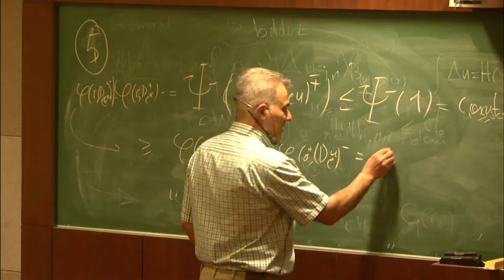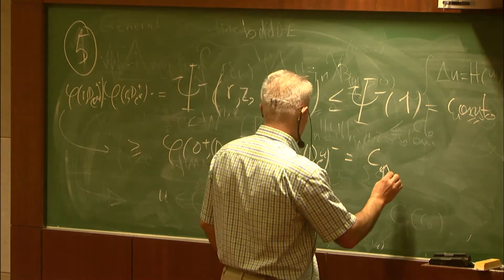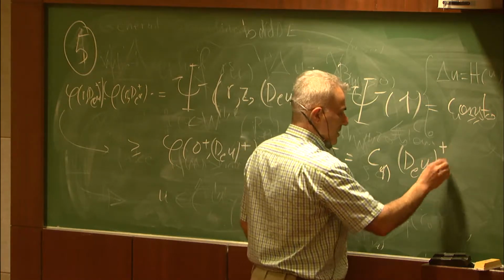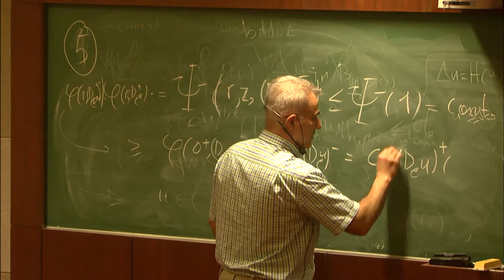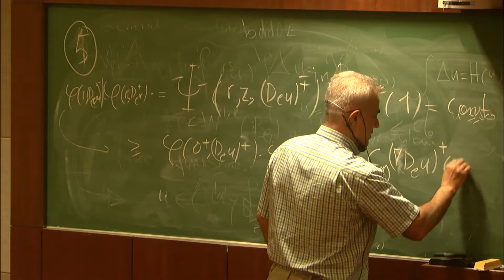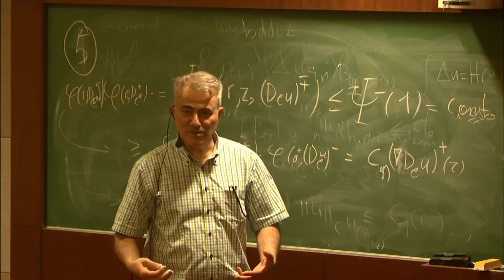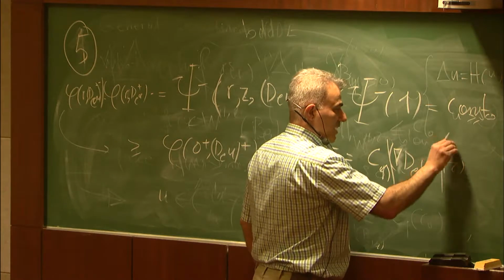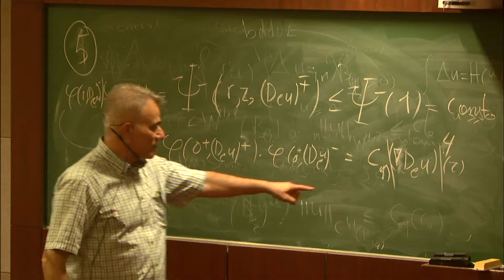This is just some dimensional constant times the gradient of u plus at the point z, and then the gradient from the other side, but since the function is C2, they both are the same. So I can take this out, and I get power 4, because we have 2 from each side. And there is a constant, Cn.